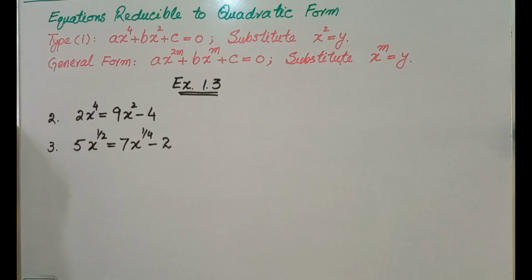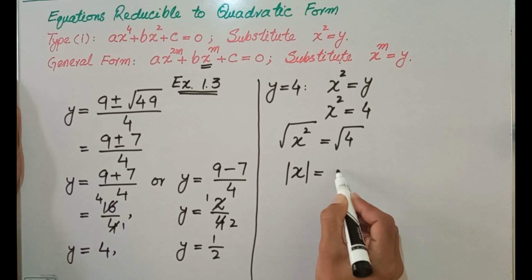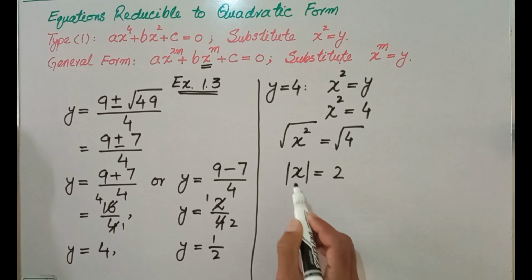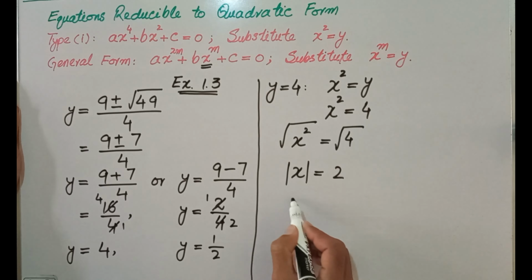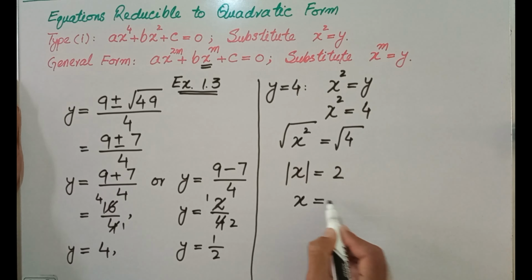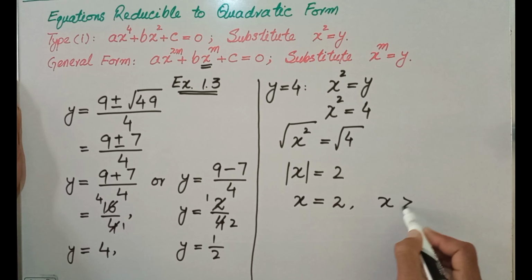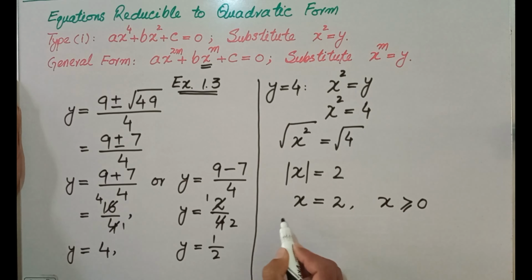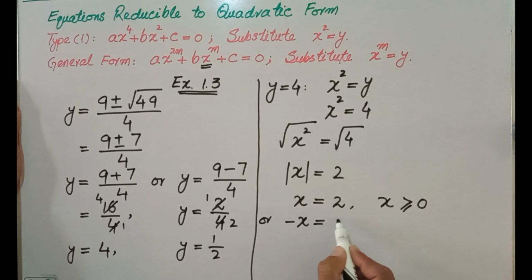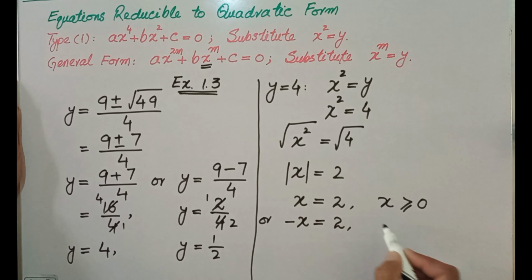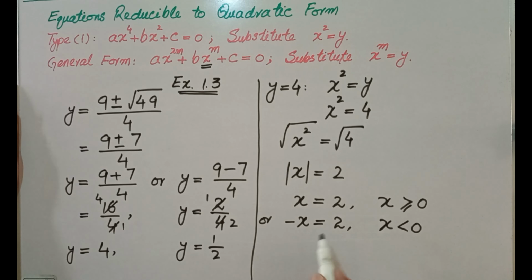Now we know that the square root of x square becomes absolute x equals 2, and we know that absolute x is equal to plus x when x is greater than or equal to 0, or negative x when x is less than 0.